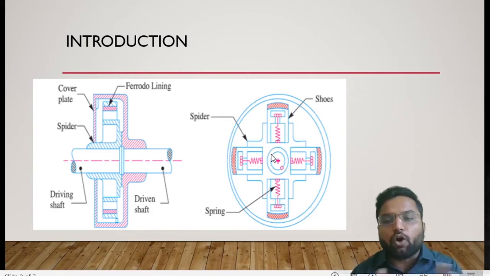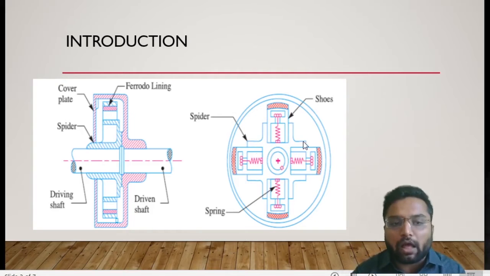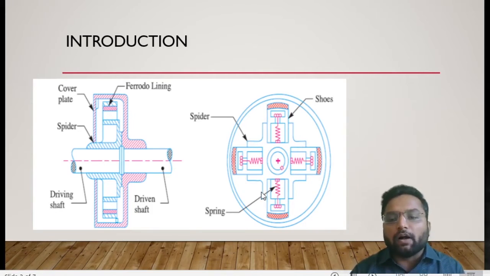Ultimately they connect with the outer drum and perform the function of a clutch. So, this is the basic arrangement in our centrifugal clutch.